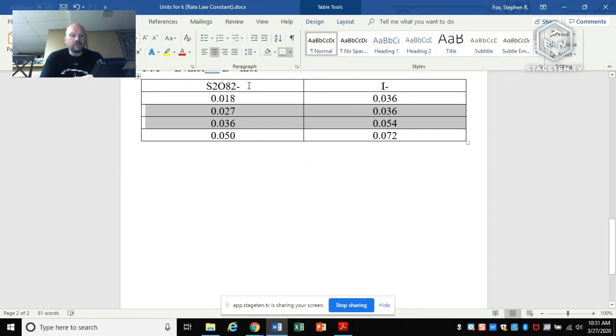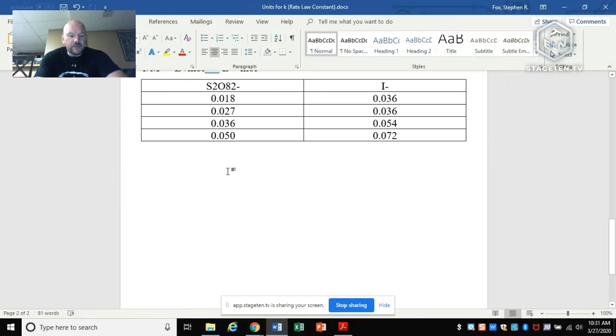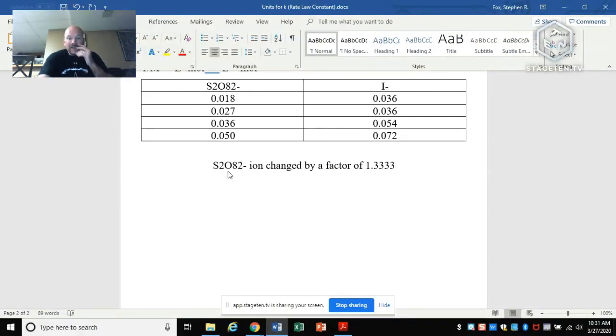We would do 0.036 divided by 0.027, so the S2O8 2 minus ion changed by a factor of 1.333. And I also changed I minus.